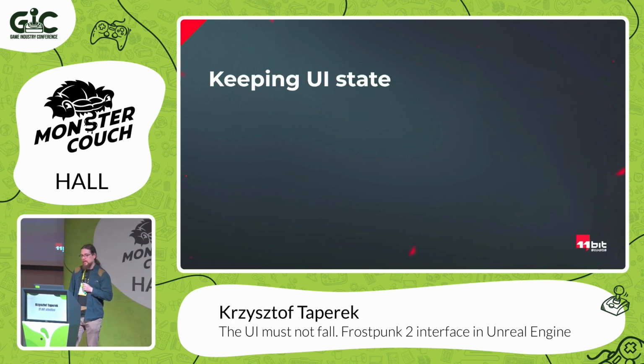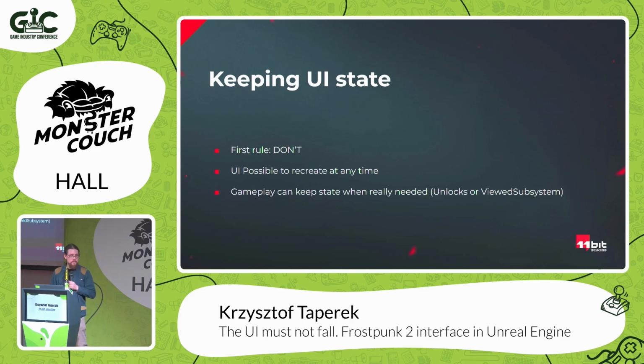First thing, how we approach keeping UI state. Of course, we are not keeping UI state at all. UI should be possible to recreate at any time. We are not holding any information that is very important in the UI. Certainly, we are not serializing to save anything from the UI. UI should be reacting on the gameplay, not the other way around.